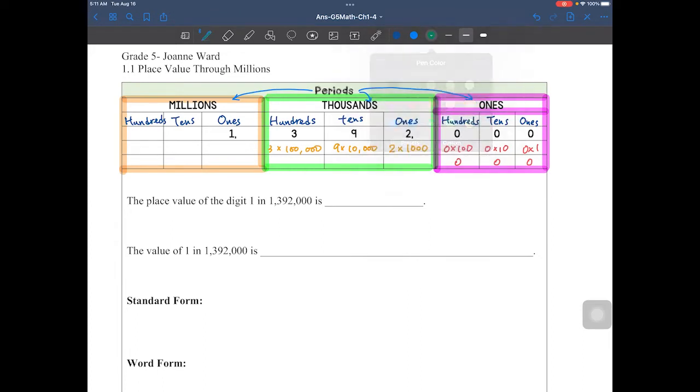So I can write down the sum of it. This is 90,000. This is 300,000. And for the last one, I have 1 times 1 million, so it's 1 million.